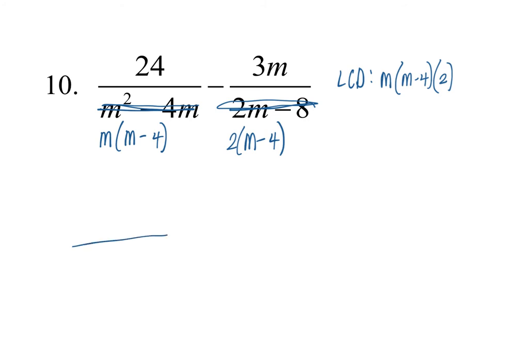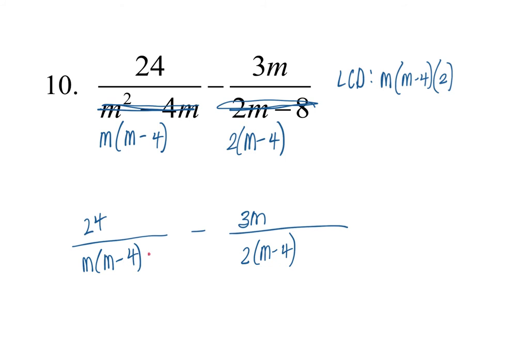So we're going to rewrite each expression so that our denominators match the LCD. The m times m minus 4 is missing a 2.